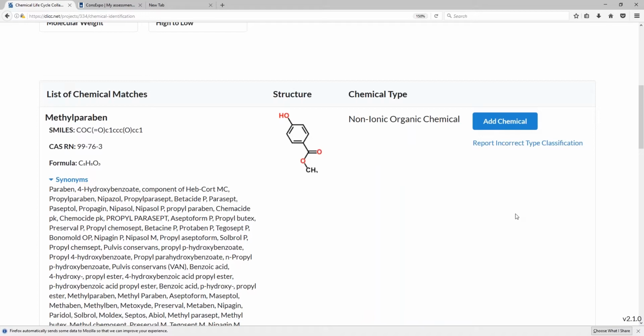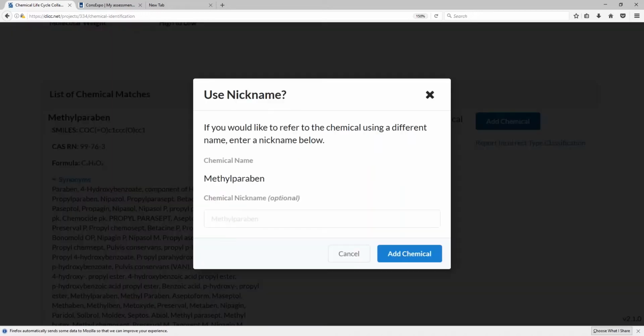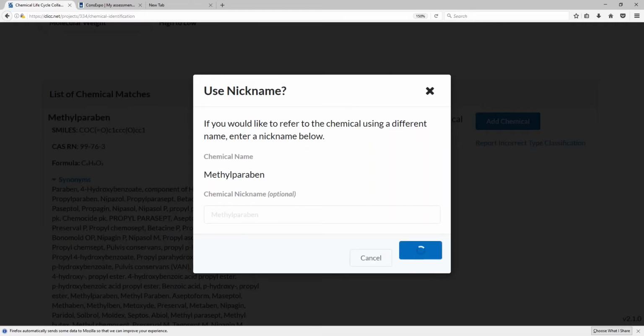It also identifies the chemical type, so we have different models for different types: organic chemicals, ionic, non-ionic, nanomaterials, and so on. So we're going to add the chemical, and we could put in a nickname if you wanted to keep it simple. Sometimes the names are huge, so you can keep it down to MP or whatever you want.